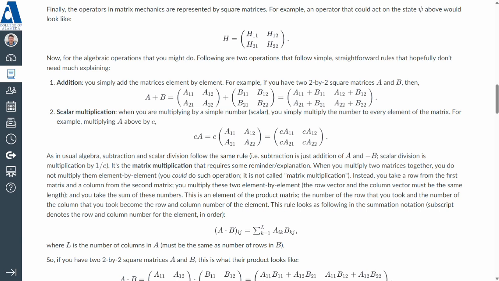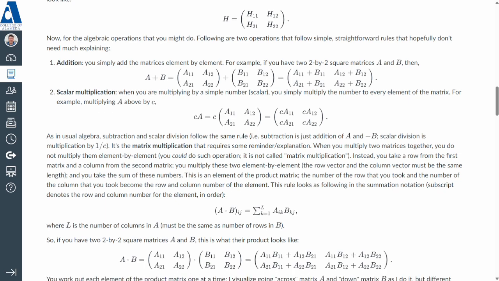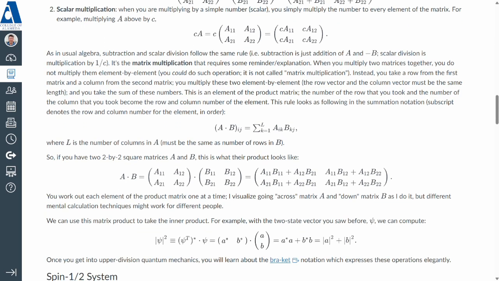The number of the row that you took and the number of the column that you took become the row and column number of the element. This rule looks as follows in the summation notation. Subscript denotes the row and column number for the element in order.